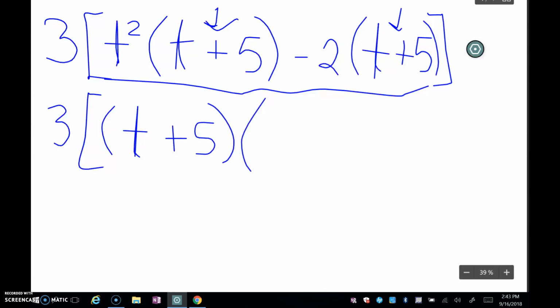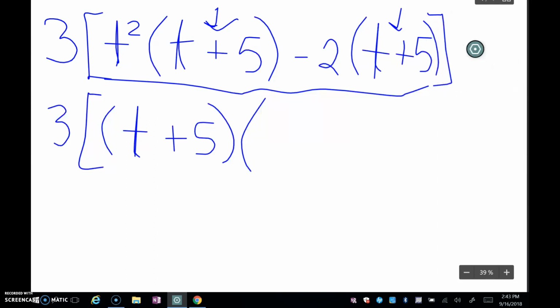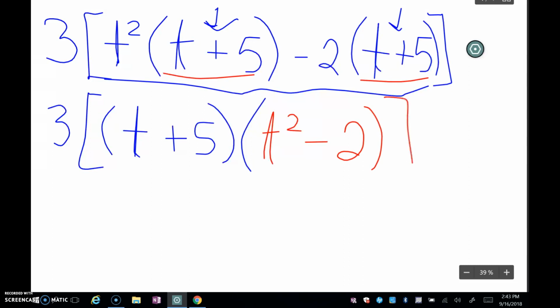If I factor the t plus 5 out of my first set, that leaves me with t squared. And if I factor a t plus 5 out of my second set, that leaves me with a minus 2. And so I have factored that now because everything is multiplied. I'm doing 3 times t plus 5 times t squared minus 2, and I'm done with my problem.